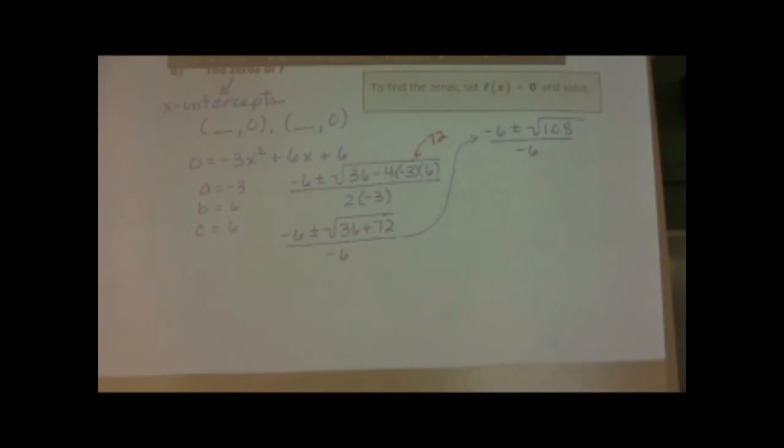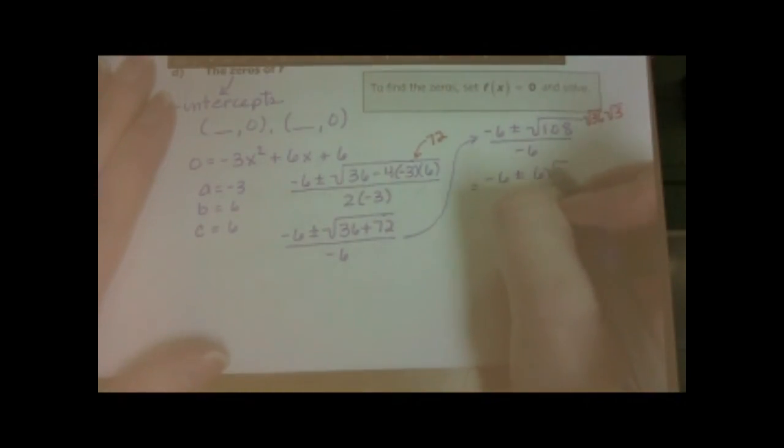So what I'm going to do, square root of 9 is 3 and the square root of 4 is 2. 3 times 2 is 6. 6 squared is 36. So my guess is 36 goes into this too. So 108 divided by 36 is 3. So this is the square root of 36 times the square root of 3. So this gives me negative 6 plus or minus 6 square roots of 3 all over negative 6.